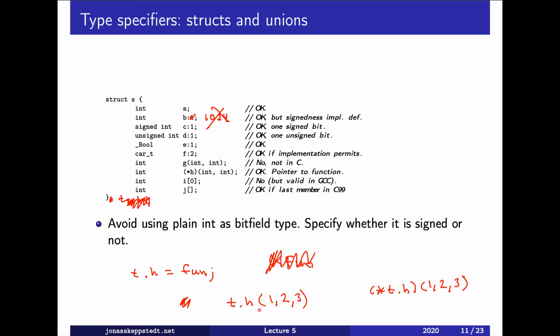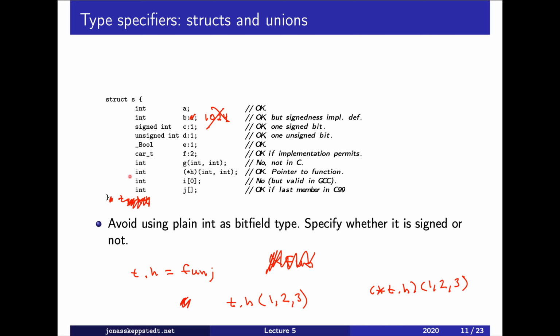So these are equivalent. The reason for that is beyond the scope of this course, but whenever you have a function pointer and you use it for a function call, you can skip the star, or in fact you can use any number of stars, but don't do that. Just use either none or one. Otherwise it will just look crazy.